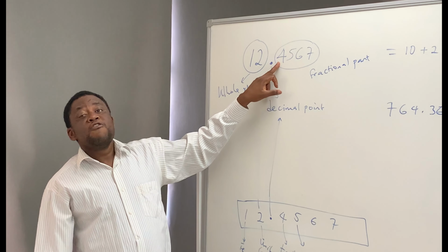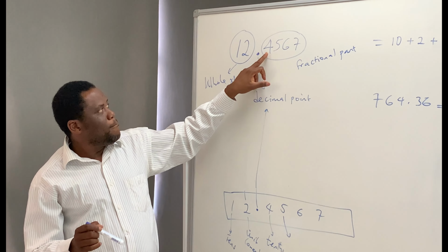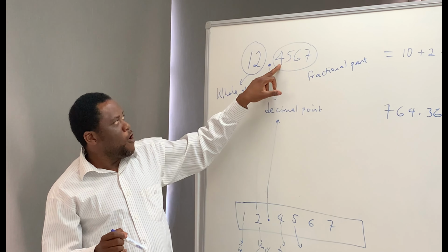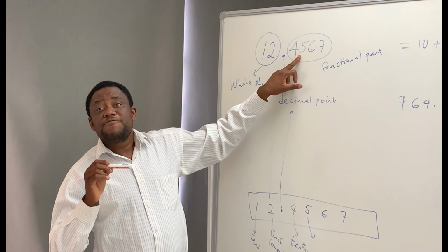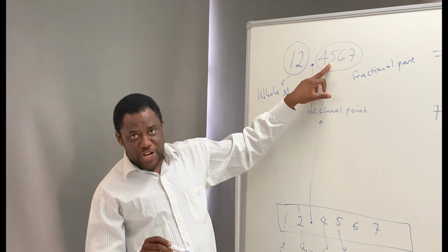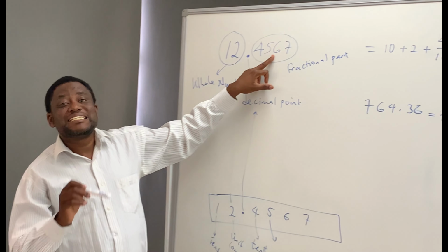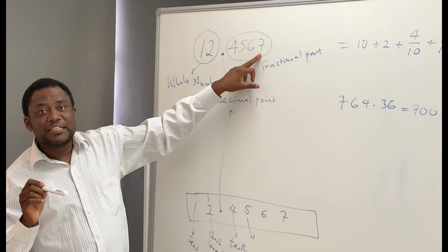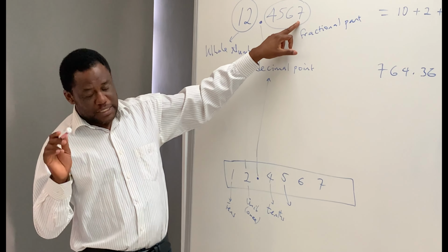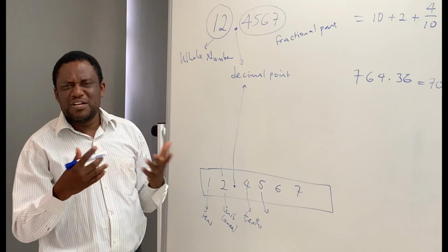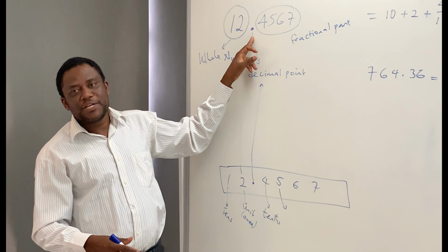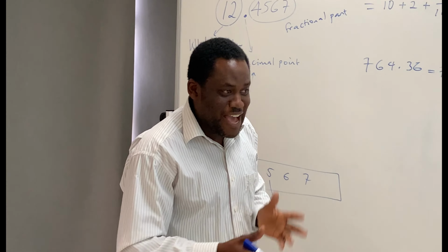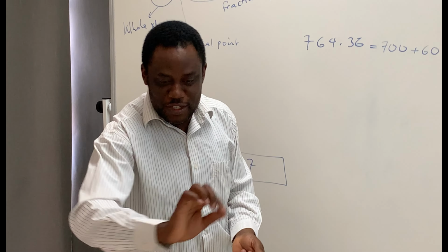You say 4,567 ten-thousandths. But if you don't want to pronounce that, you can just say 12 point 4567. Okay? Any number that comes after the point, you can call it one by one.